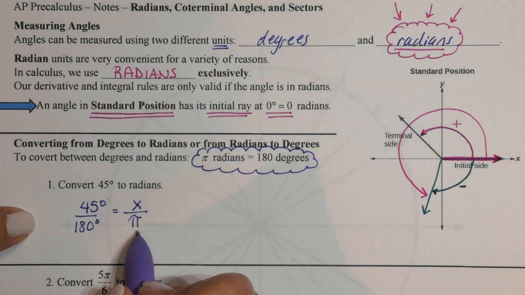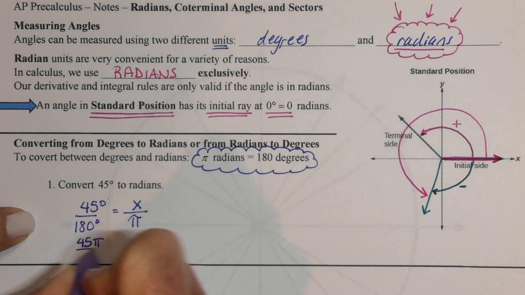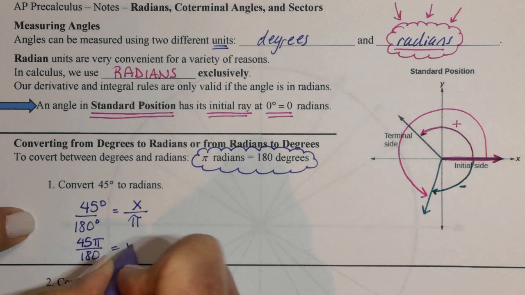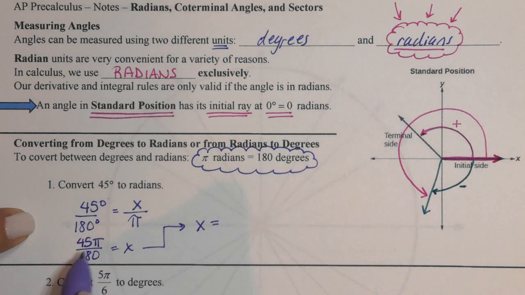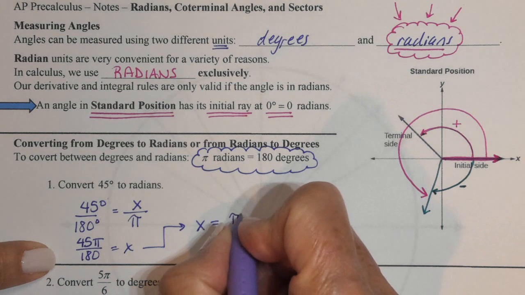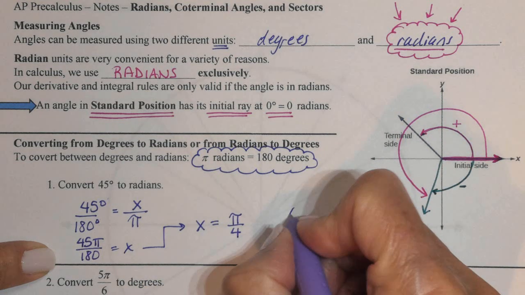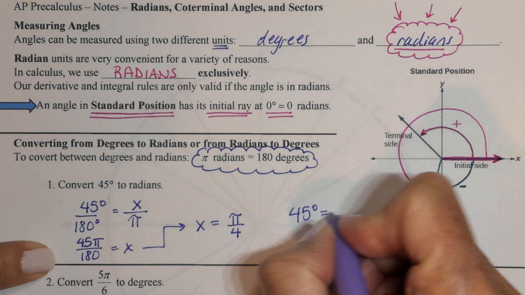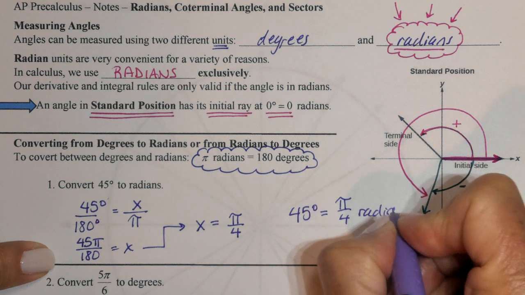I'm going to multiply both sides by pi, and I get 45 pi over 180 is equal to x, which means that x is equal to, how many 45s are in 180? There are 4 of them, so we get pi over 4. So 45 degrees is equal to pi over 4 radians.